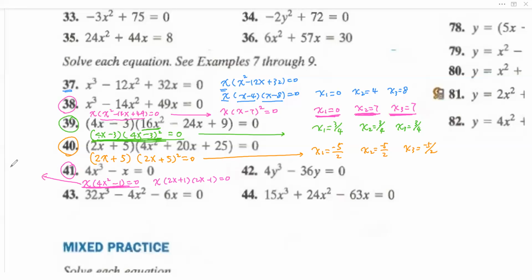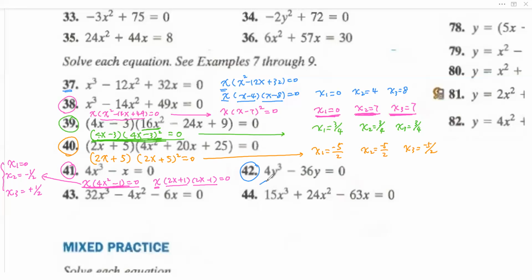So the 3 answers are: the first is 0, the second one is -1/2, and the third one is +1/2, right? There are 3 factors here, 1, 2, 3. You can say one of the factors should equal 0, so we can get 3 answers. Let's see 42.